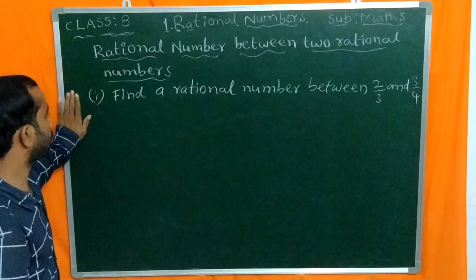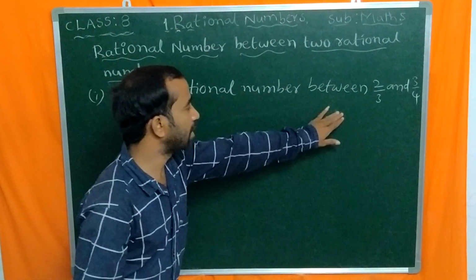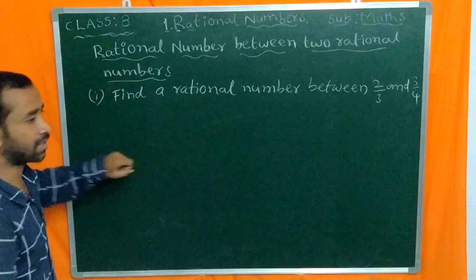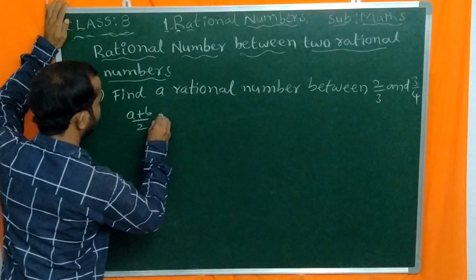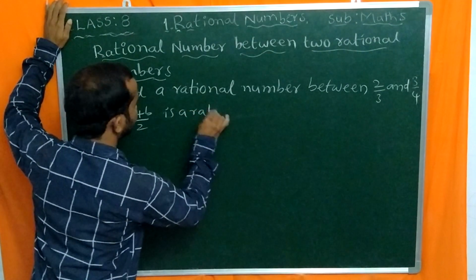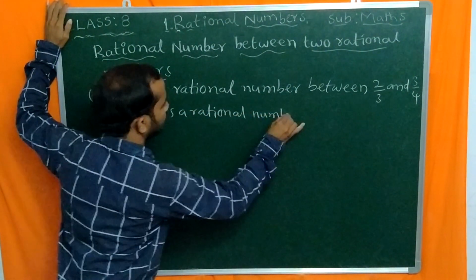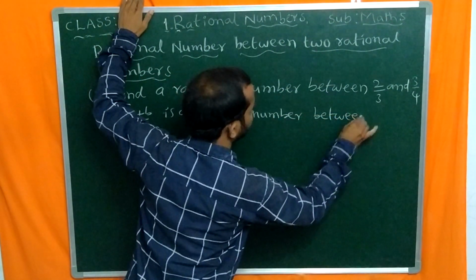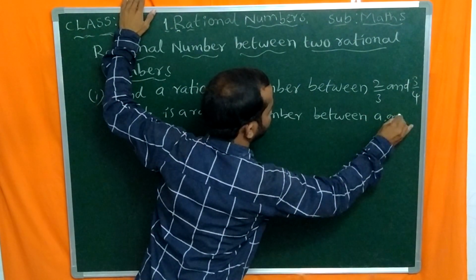Okay, first question. Find a rational number between 2/3 and 3/4. We use the mean method. Here (a + b)/2 is a rational number between a and b.